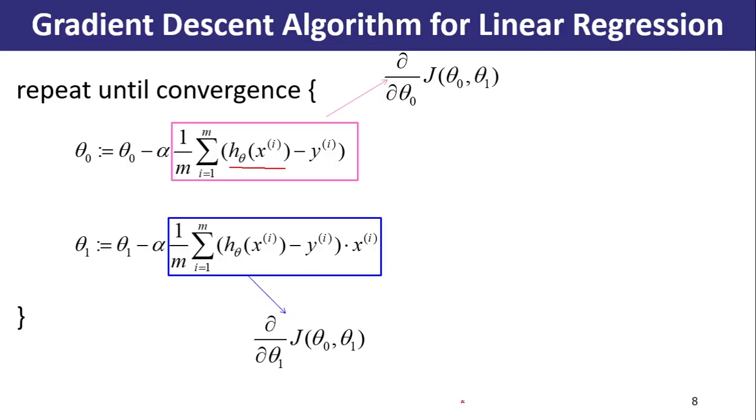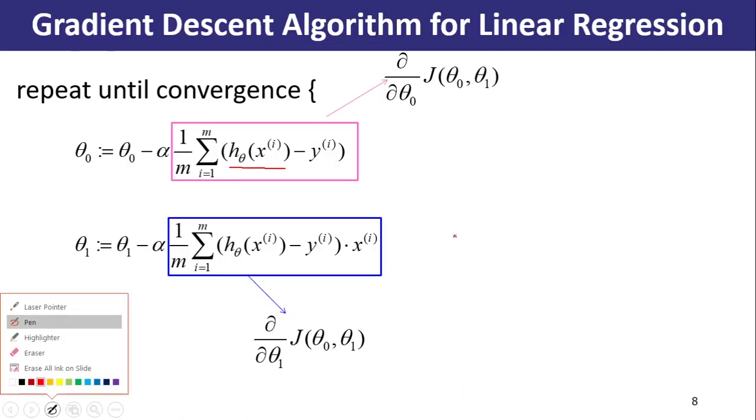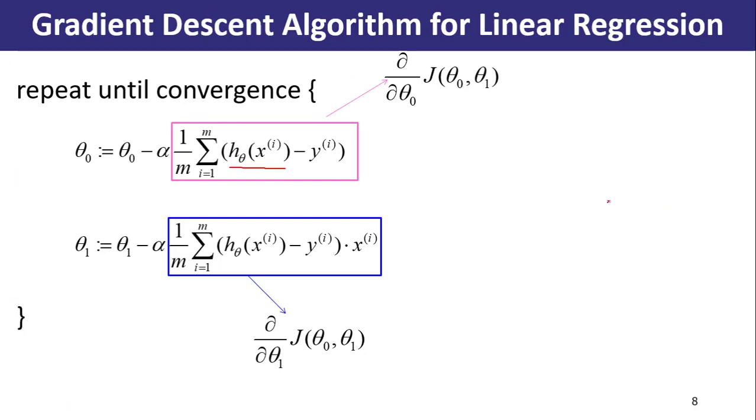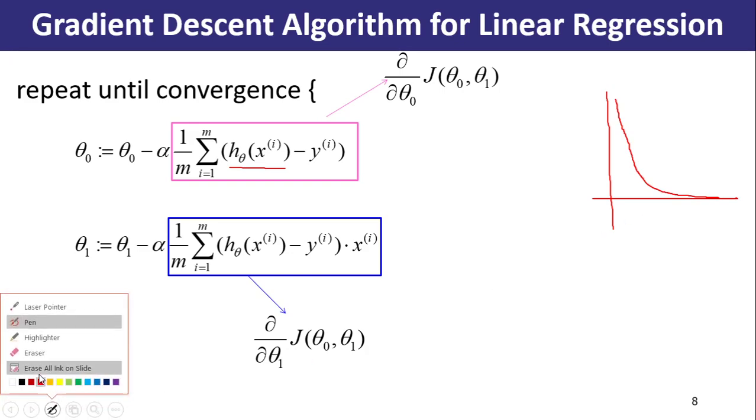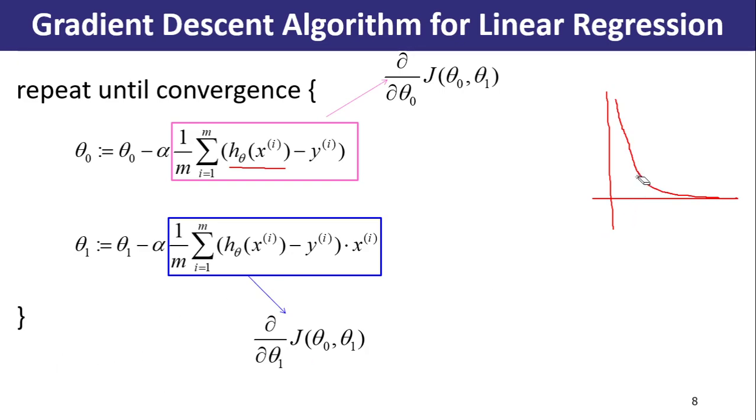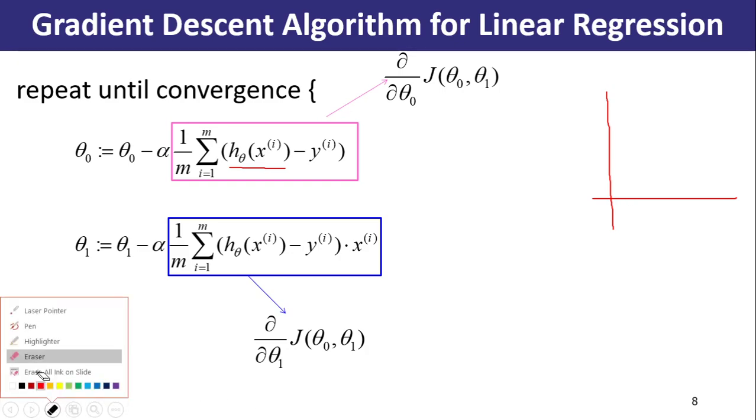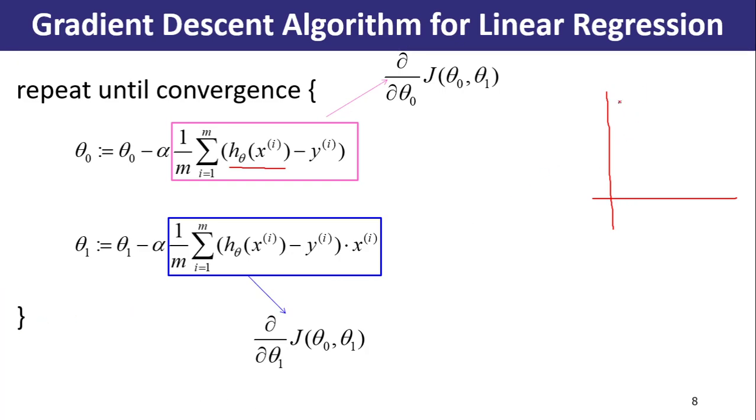See, for example, here we have the number of iterations and here we have the cost, and we will have a plot of number of iterations versus the cost function.